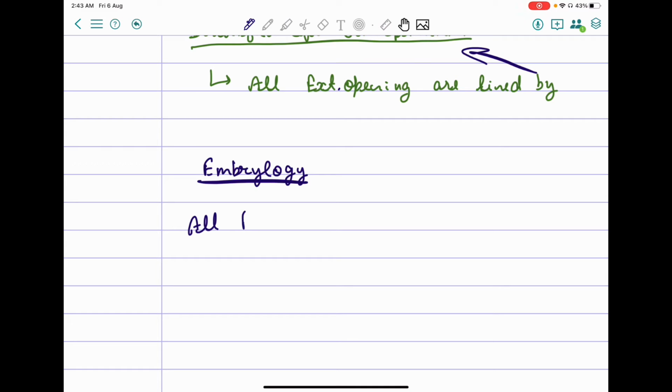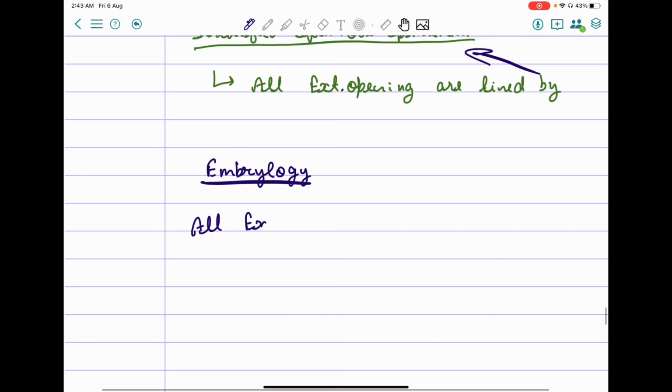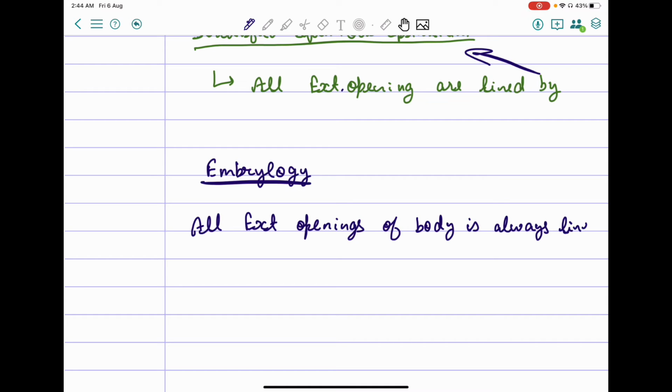All the external openings of the body are always lined by surface ectoderm.